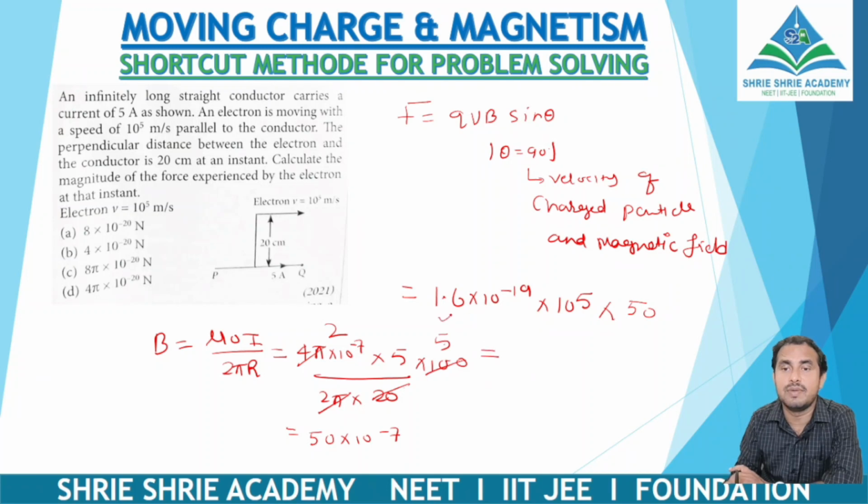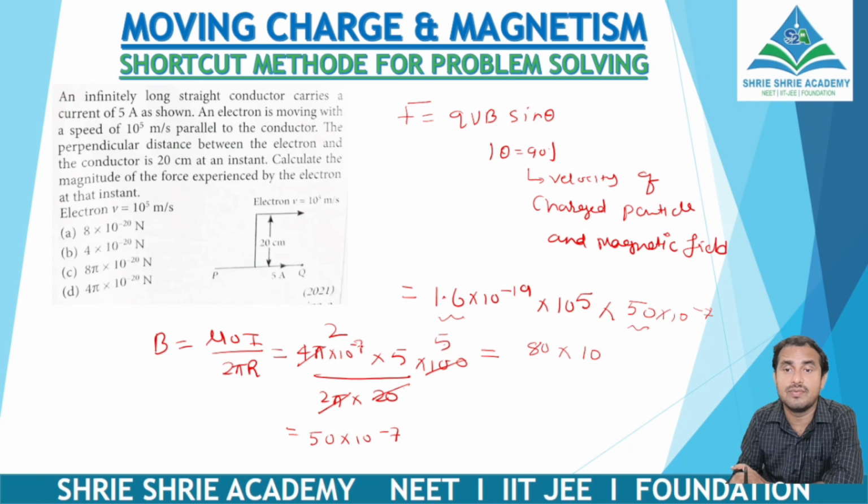Next, if you multiply 1.6 and 50, you get 80 into 10 to the power of minus 19. Here the speed was given, and the magnetic field, we have 50 into 10 to the power of minus 7, is still there.